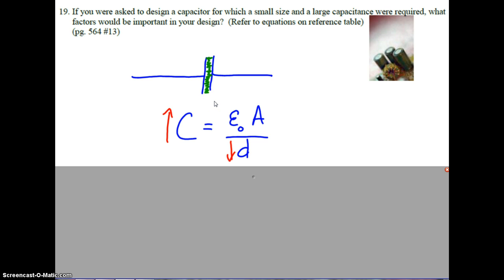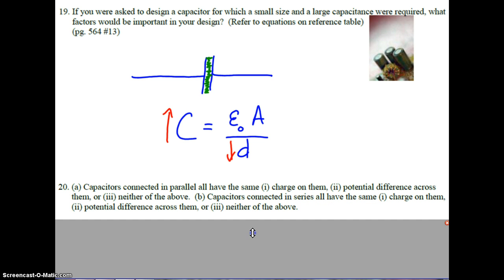If you take, for example, a substance like Teflon and fill in between the plates with Teflon, that dielectric increases the ability of those plates to store charge, therefore increasing the capacitance. You have a number of substances and a chart there on page 558, which would indicate to you various substances and their ability to increase the charge stored on a capacitor when filling that capacitor in between the plates.